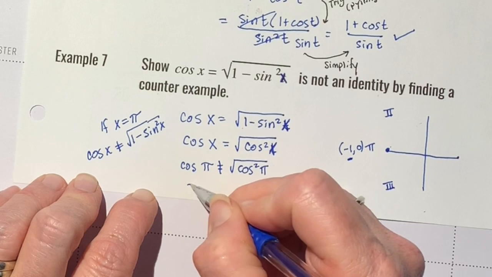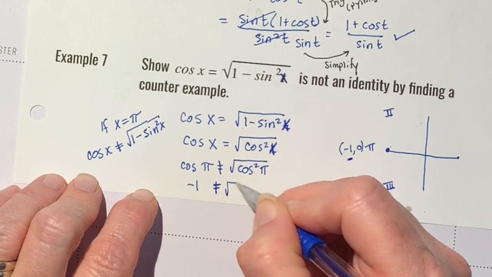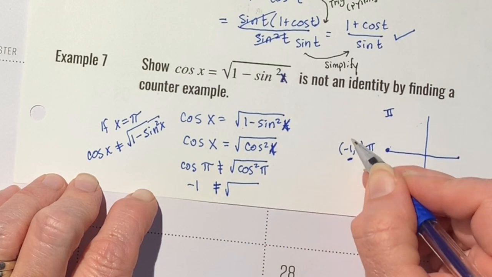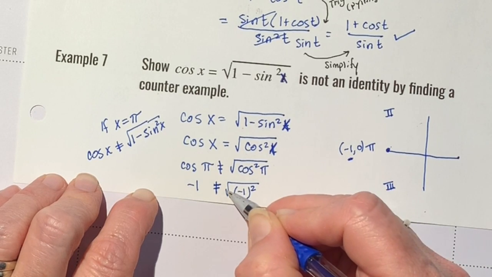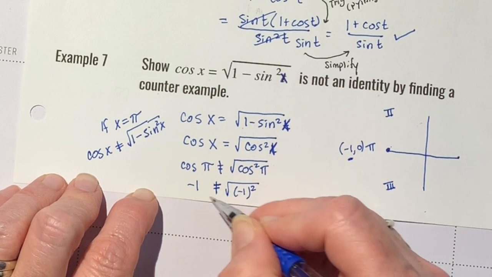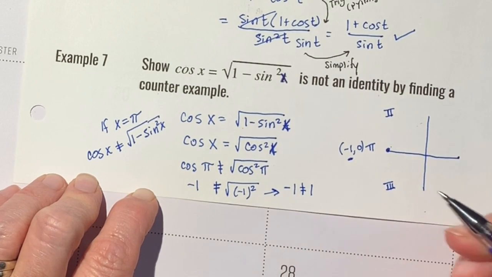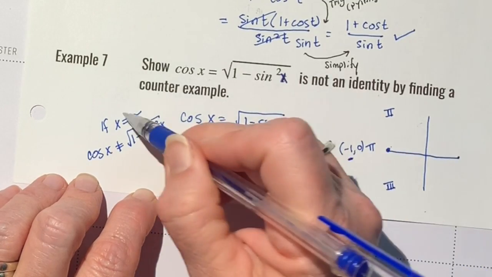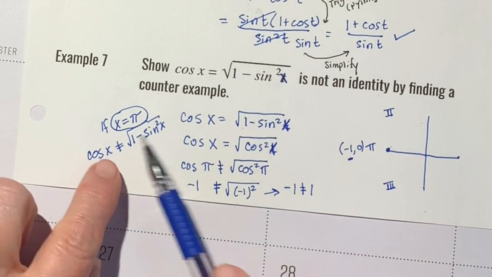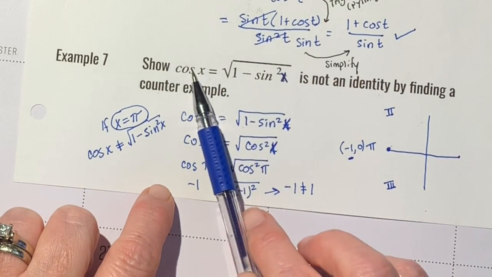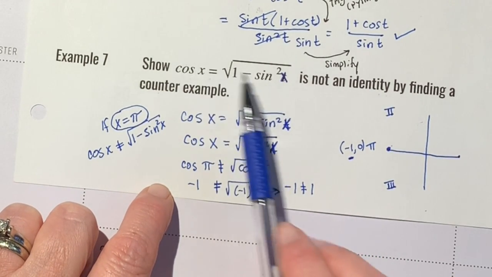So the cosine of pi is -1, and we were trying to show that that is not equal to the square root of cosine of pi squared. -1 squared is 1, and the positive square root of 1 is 1. So this says that -1 is not equal to 1. And so my counterexample pi provides a counterexample where this fails to be true. And if it is not true all the time, it is not an identity, because an identity is true for every replacement value of the variable.